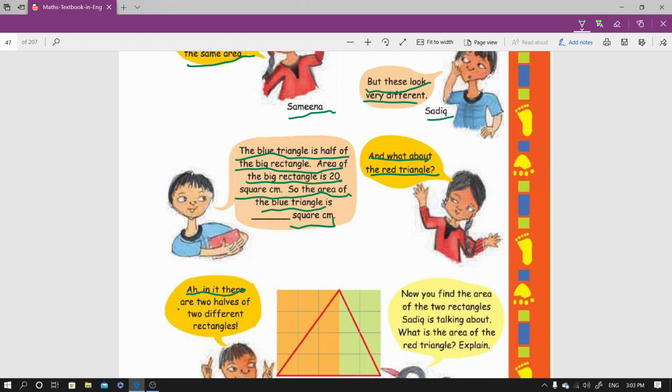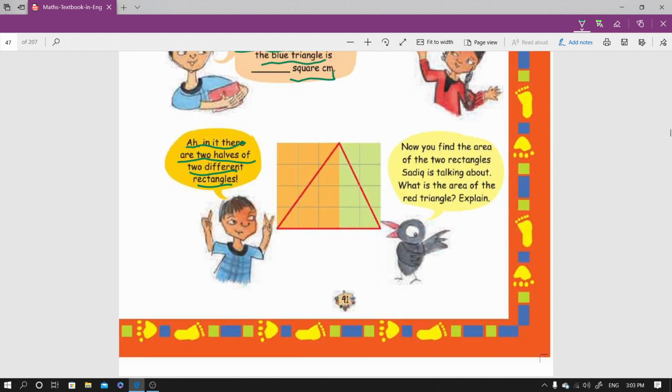In it there are two halves of two different rectangles. Now you find the area of the two rectangles. Sadiq is talking about the area of the red triangle.